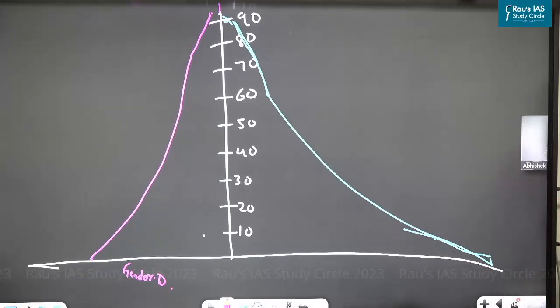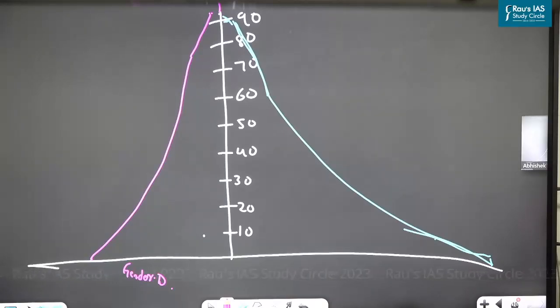Stage 3. The death rate has already fallen, and the birth rate is falling.